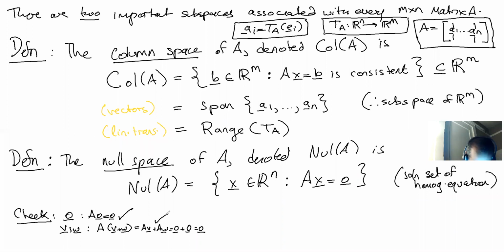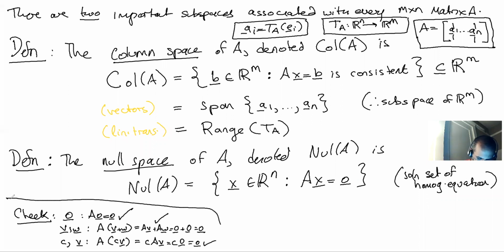And if you have a scalar c and a vector v, then A times cv is c times A times v, that's c times 0, which is 0. So this also checks out. So indeed, this is a subspace. When in doubt, just check the definition. The solution set of a homogeneous linear system is also a subspace.